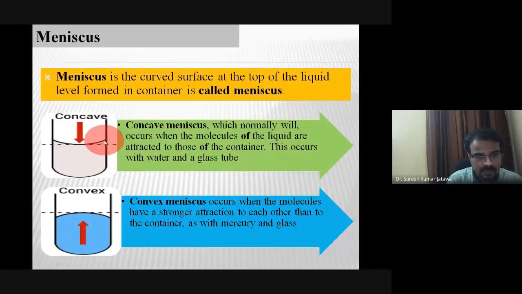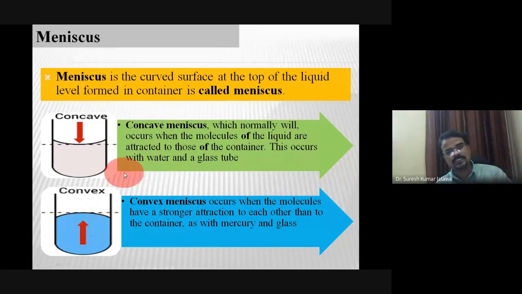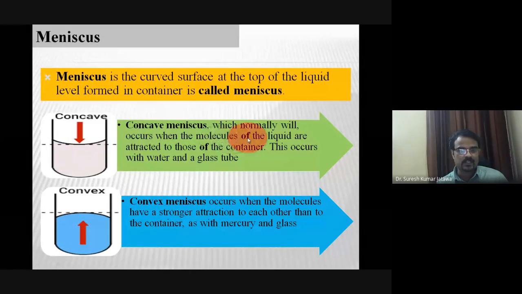Here you can see like this, and here like this: dome shaped, upward, and this one is downward. So why is it formed downward and why is it formed upward? This is known as concave meniscus, which normally occurs when the molecules of the liquid are attracted to those of the container.